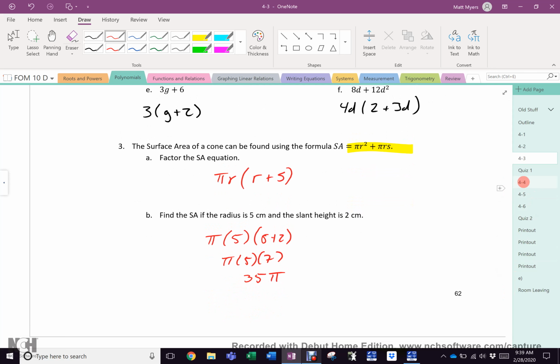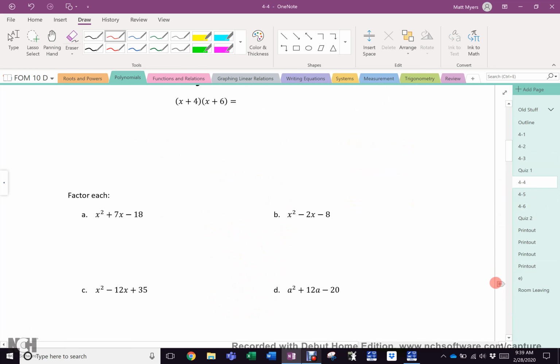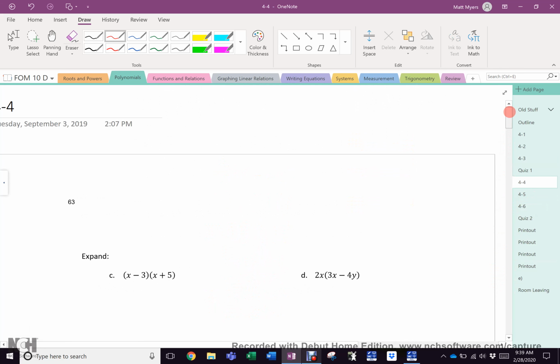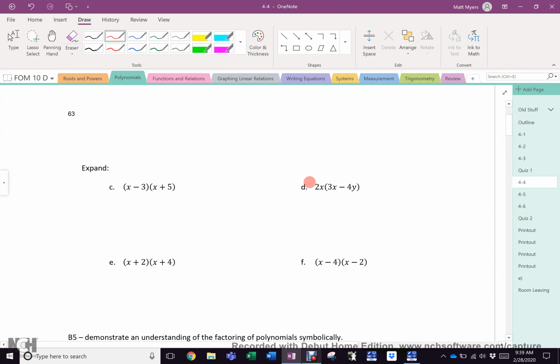And that was that. And then, because people didn't do so hot on it, I also wanted you to do 4 multiplications. So, can I do the little shortcut here? Yes. I can, but a bunch of you didn't do that very well on the assignment I gave you.